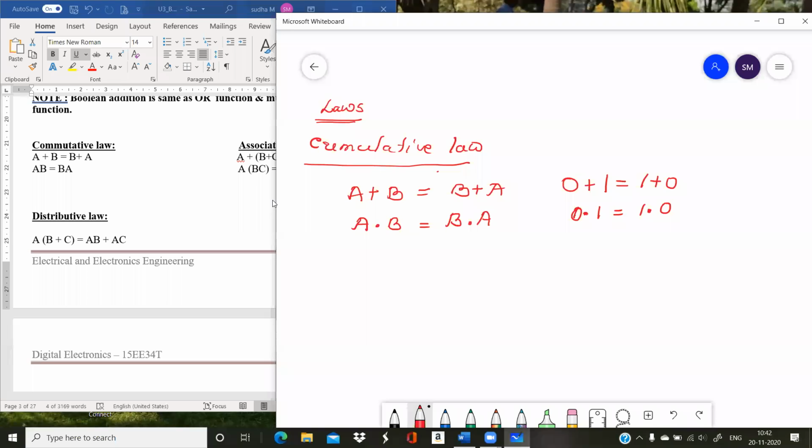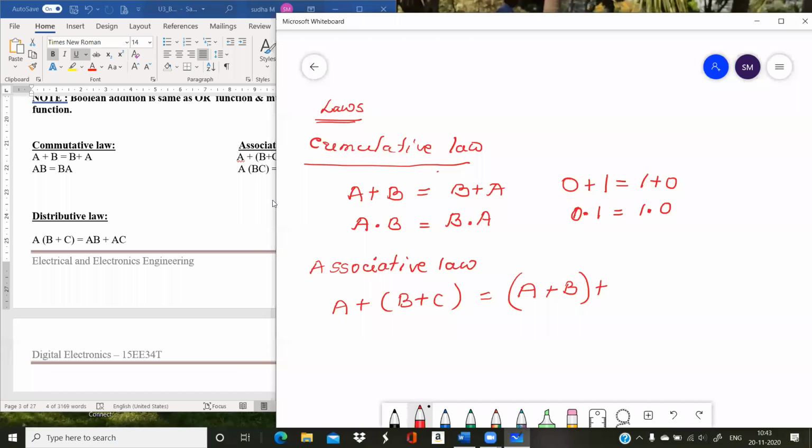The other one is the associative law. This law says that A plus (B plus C), where we put the bracket around B plus C, is also equal to (A plus B) plus C, where we change the bracket.